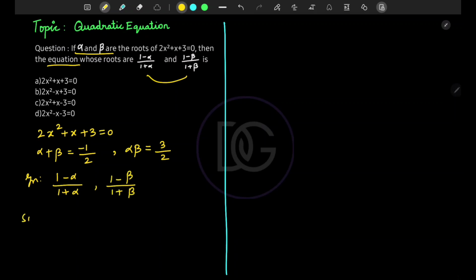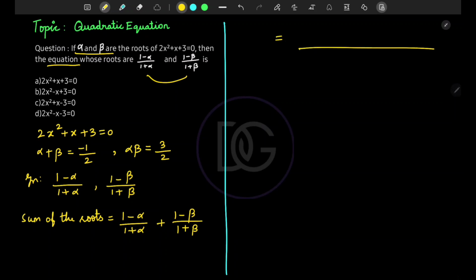Just write sum of the roots for this: (1 minus alpha) by (1 plus alpha) plus (1 minus beta) by (1 plus beta). These two are in the form of fractions, so we need to simplify this. Just take the denominator multiplied, (1 plus alpha) into (1 plus beta), and cross multiply those two, that is (1 minus alpha) into (1 plus beta) plus (1 plus alpha) into (1 minus beta).